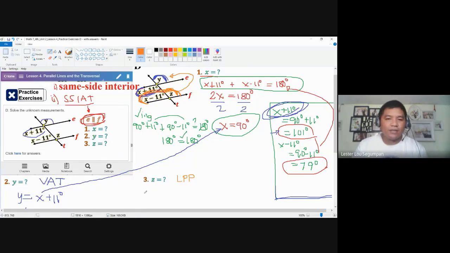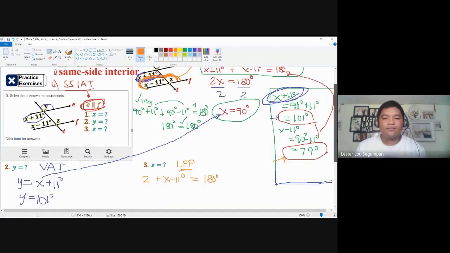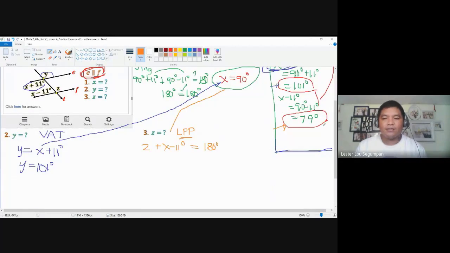So if we sum them up, z plus x minus 11 degrees must become 180 degrees by the linear pair postulate. X minus 11 is already given to be 79 degrees. You could always use x, but since we do have this, let me use this.